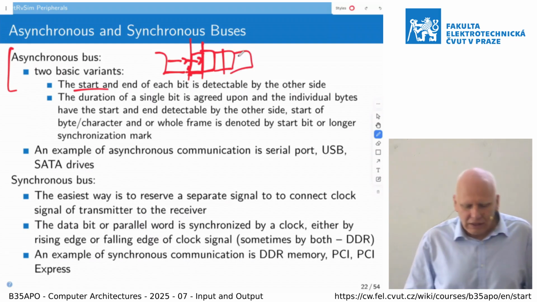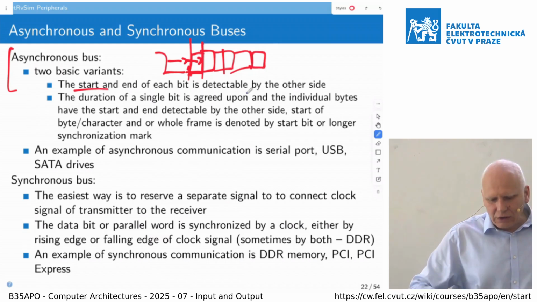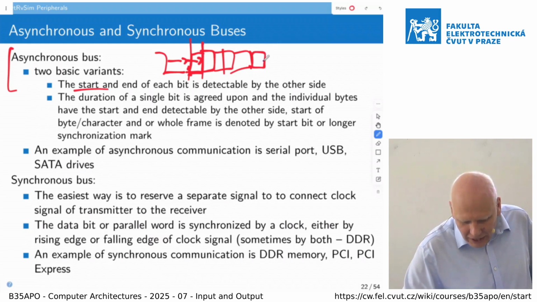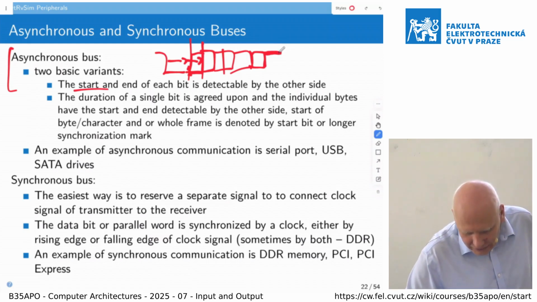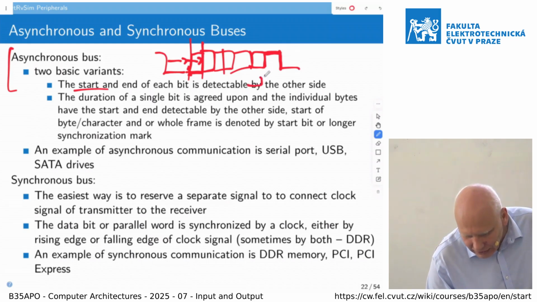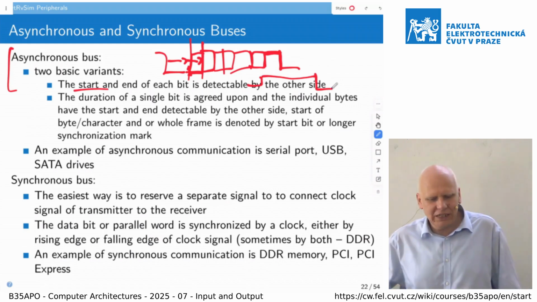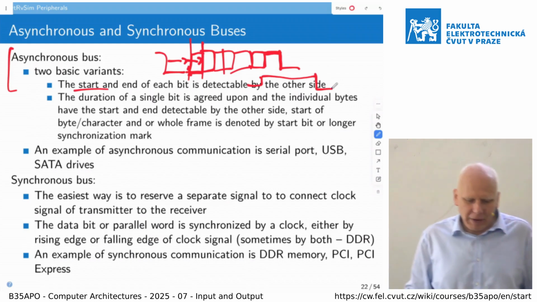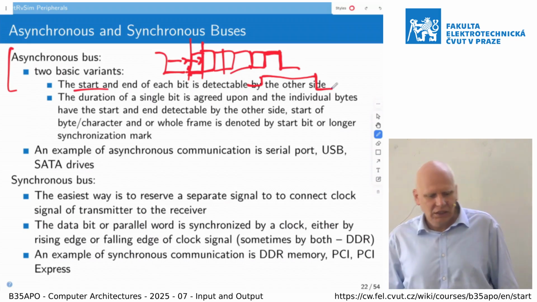And if we want to be able to resynchronize to the data, then it is necessary to insert between the consecutive bytes at least one stop bit, where there is a 1. Then again the transition to 0, which can come immediately or later when the next byte is available, informs that the following byte is starting. So that is typical asynchronous communication.